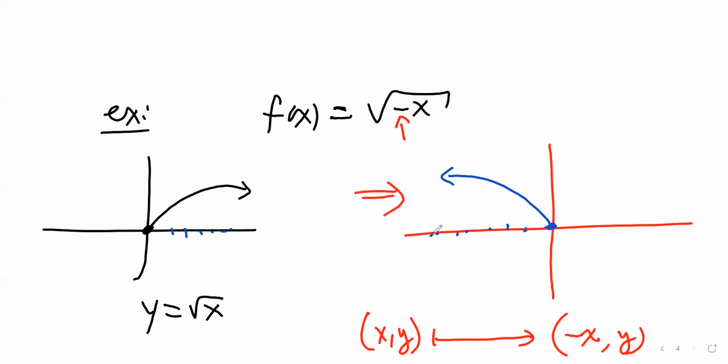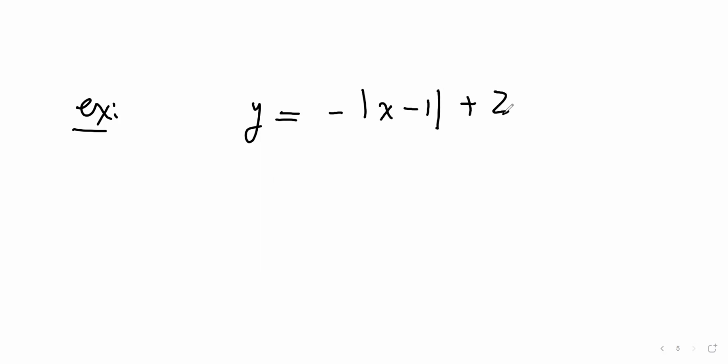So here is another example. Say I have y equals negative absolute value of x minus 1, plus 2. I kind of mixed it, because so far we have the two transformations and the reflection as well. If I put an order on the operations, I'm going to do the inside first.